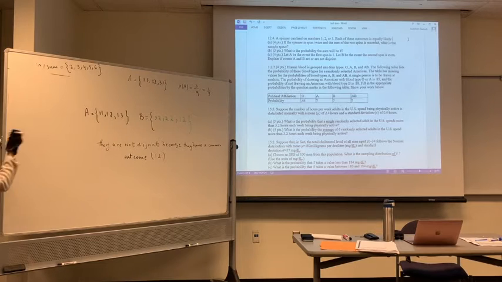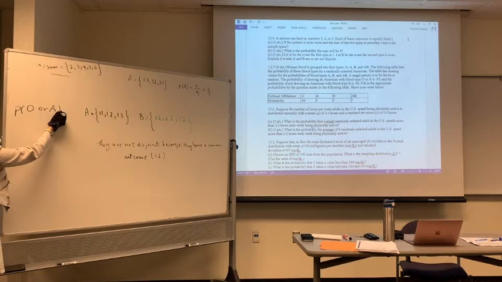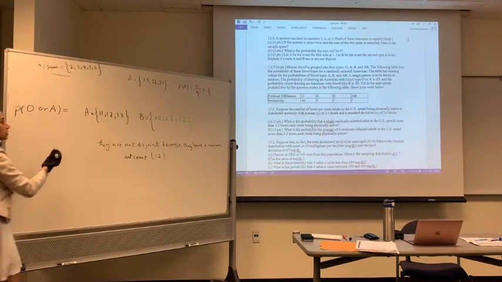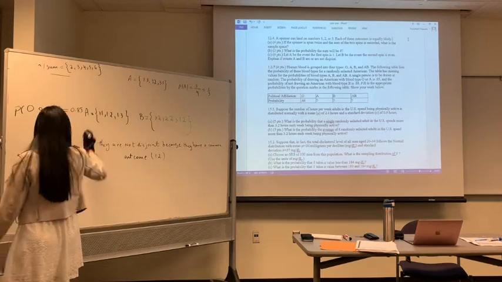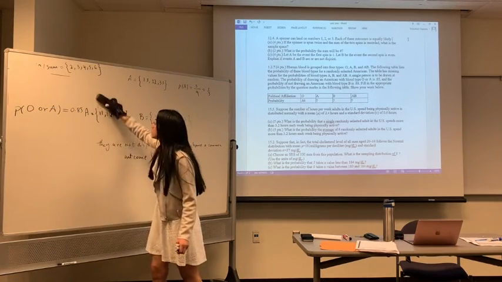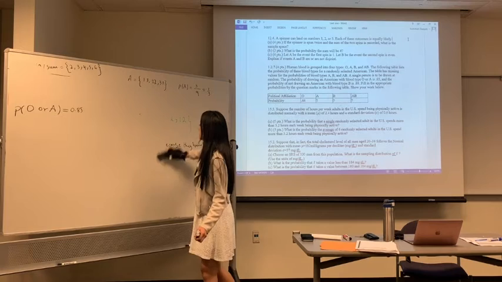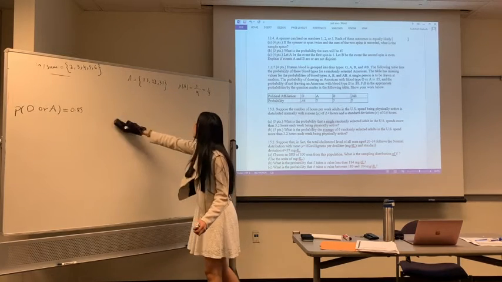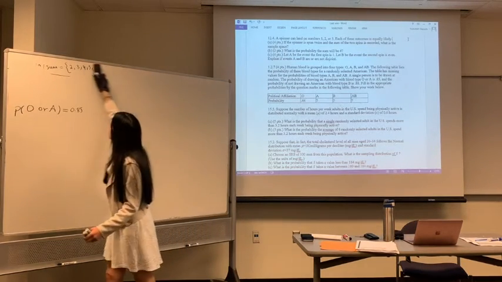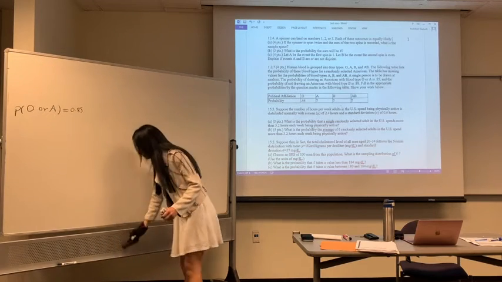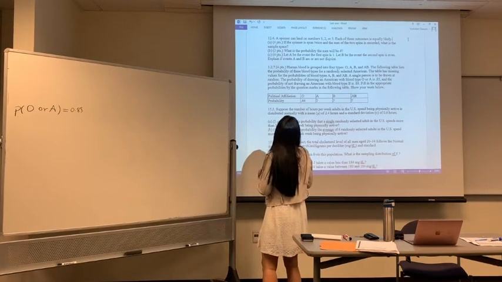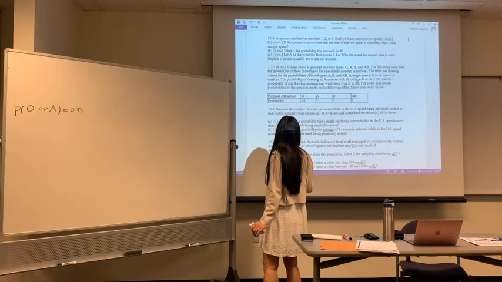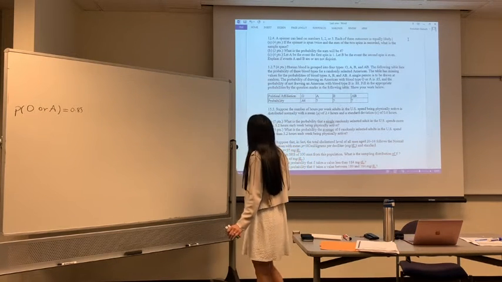So we have probability of blood type O or A to be 0.85. Then it says the probability of not drawing an American with blood type B is 0.88.